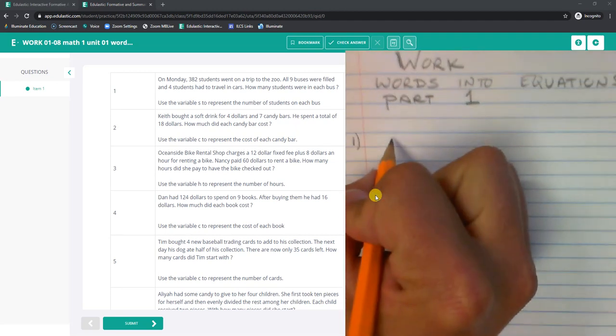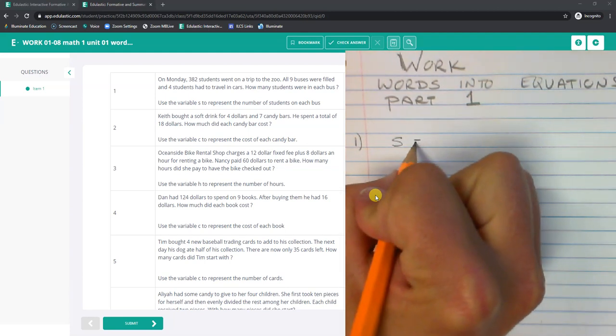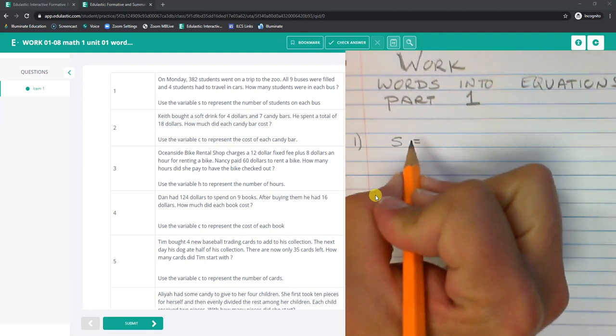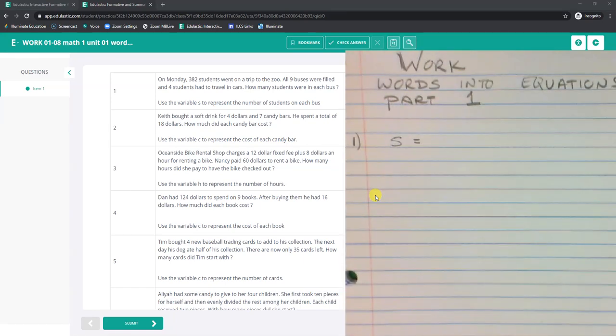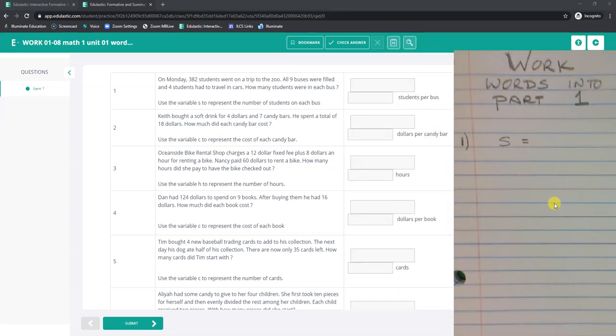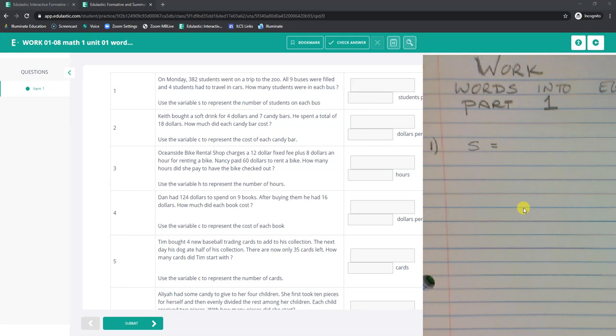So I've got students equals how many students? Well, I've got 9 buses were filled. I feel like I'm missing a number here.